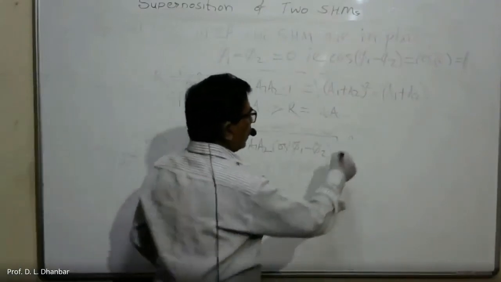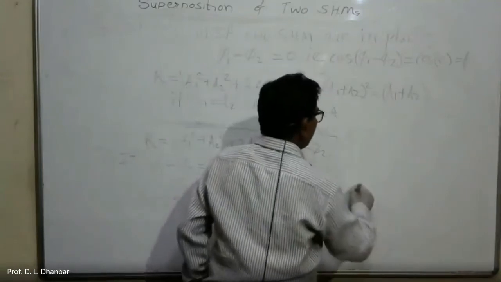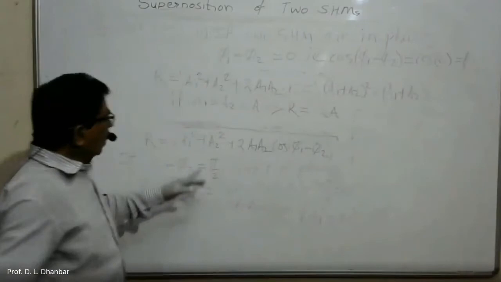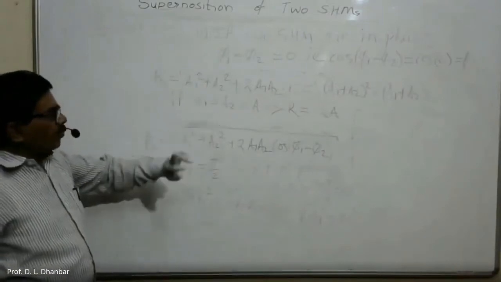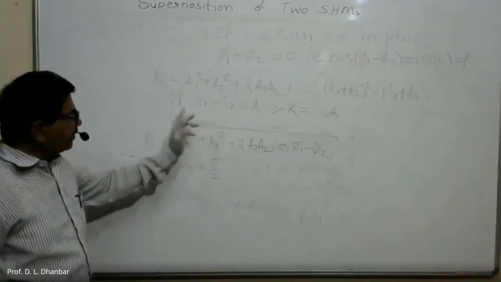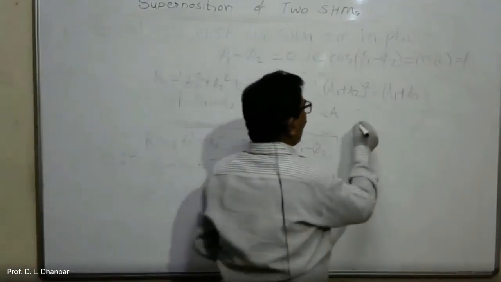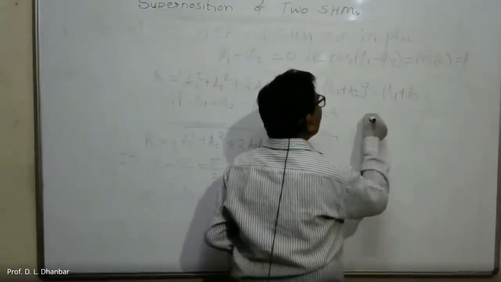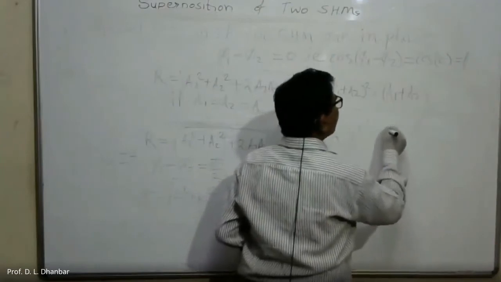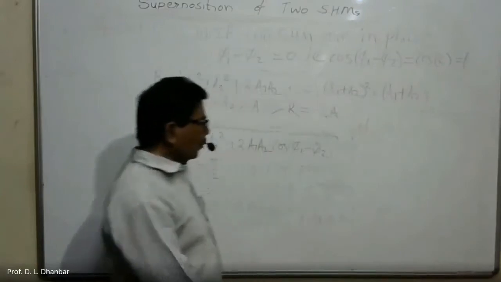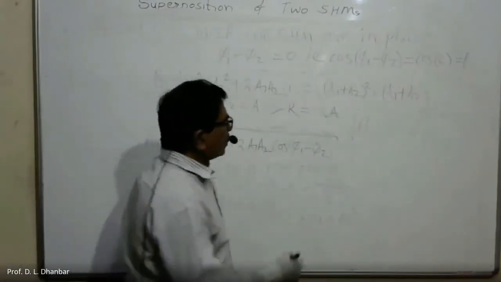Now if we consider A1 is equal to A2 is equal to A, then what will you get?